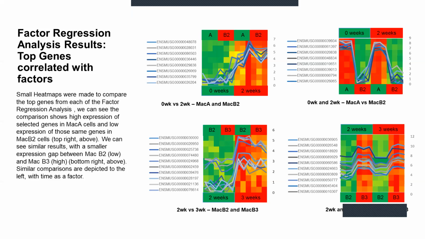So we used factor analysis to identify genes that could be related to some functions of these macrophages, related to these factors as well, to the factors of time. Time is related to the tumor microenvironment, right? If it's just implanted, it's not yet influenced by the tumor, but after 2 weeks or 3 weeks, the tumor microenvironment will be a factor that is influencing gene expressions of these macrophages. And this time is a very important factor for us.